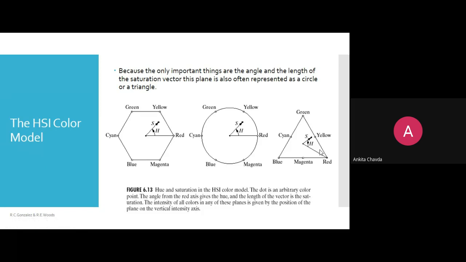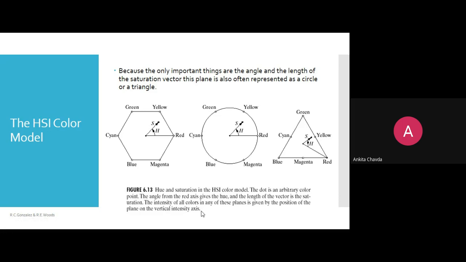The dot is any arbitrary color point. The angle from the red axis will give you the hue, and the length of the vector will give you saturation. The intensity of all colors in any of these planes is given by the position of the plane, and the vertical axis is for your intensity.